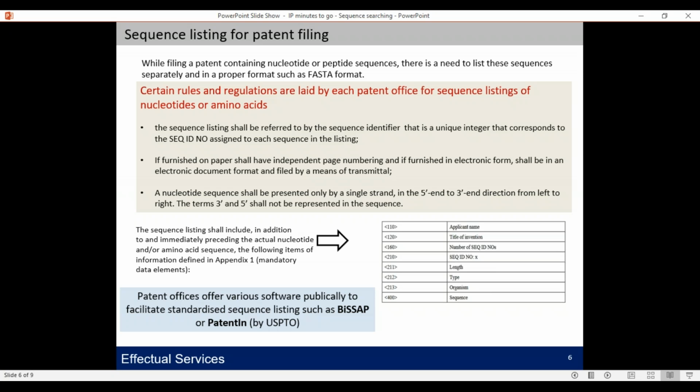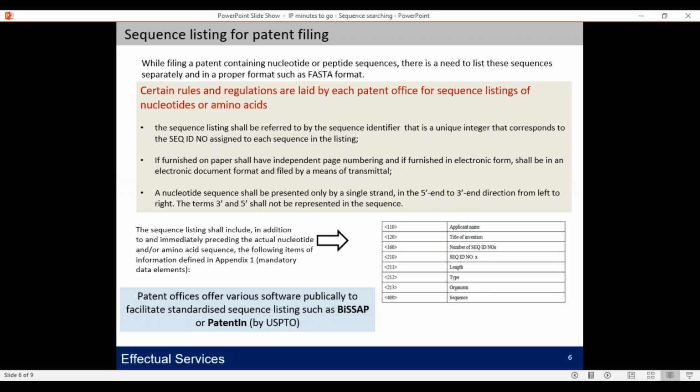A nucleotide sequence shall be presented only by a single strand in the 5' end to 3' end direction from left to right. The terms 3' and 5' must not be represented in the sequence. Please take a look at the arrow in the lower center part of the slide for an example of some of the mandatory fields that are required by various local patent offices.